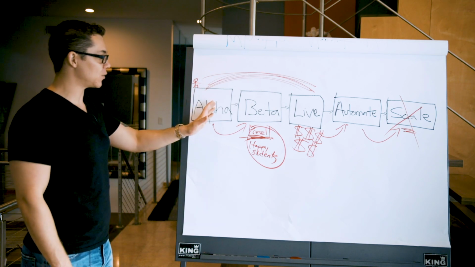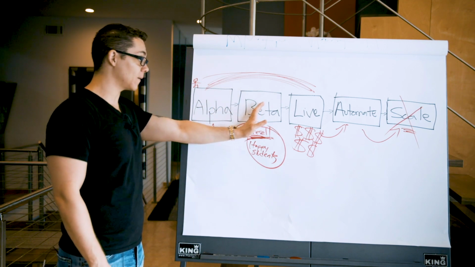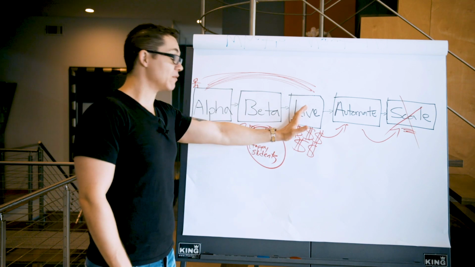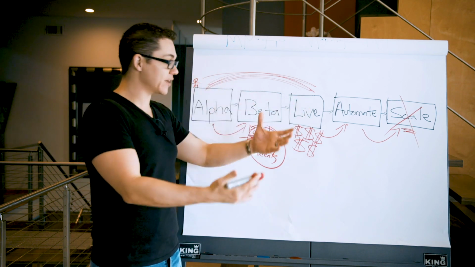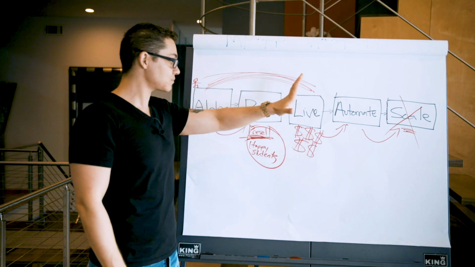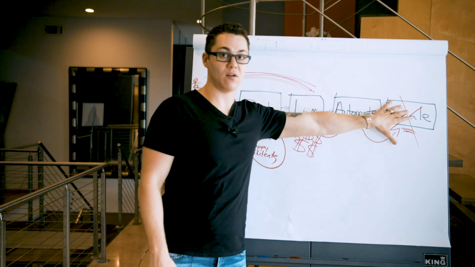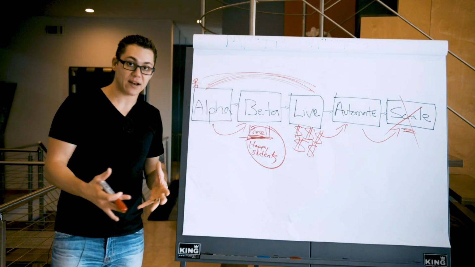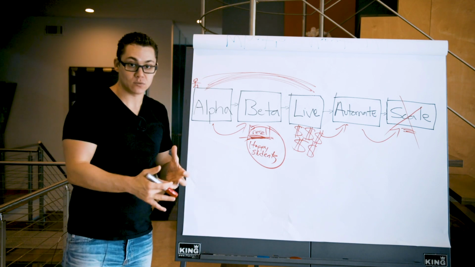Make sure people like what you have to say. Make sure people will buy what you have to say, and then make it better. Make it even better by launching it to a whole new group and liquidating the audience you built, make a bunch of money from it, do it live, and then move to automate, and then move to scale. That is the biggest strategy, the biggest linear strategy that I could give you, okay?